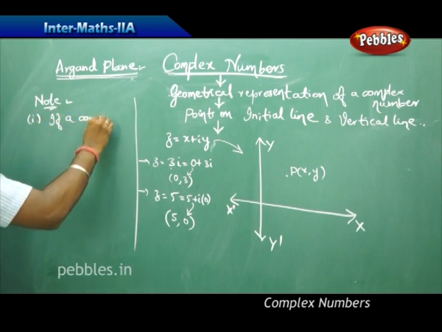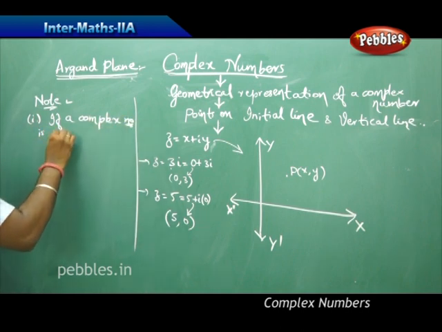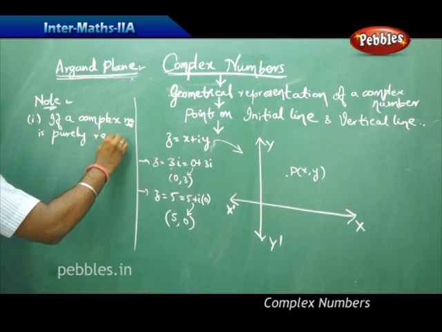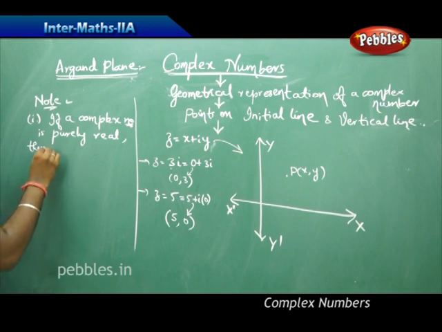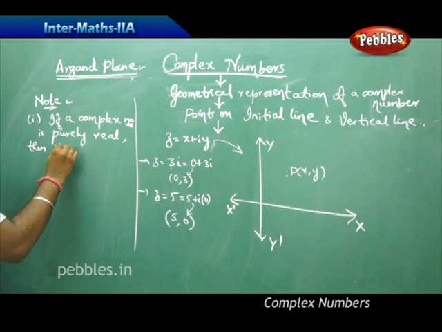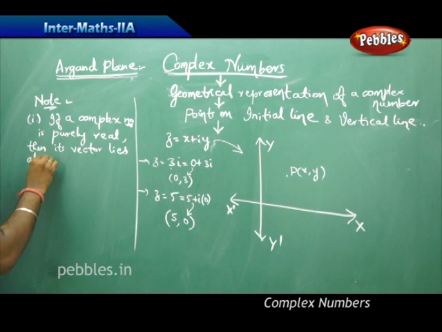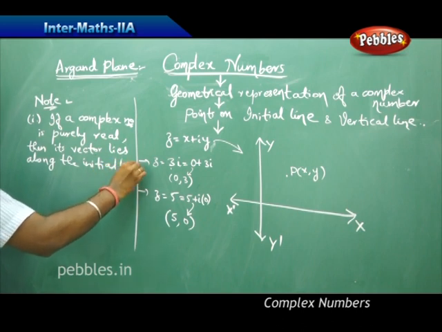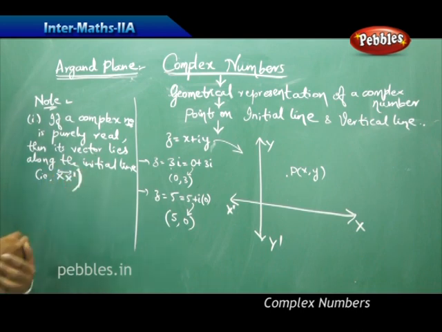So here, if a complex number is purely real, then its vector lies along the initial line, that is the horizontal line x dash, is how we understand the property.